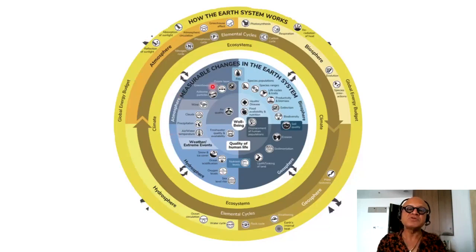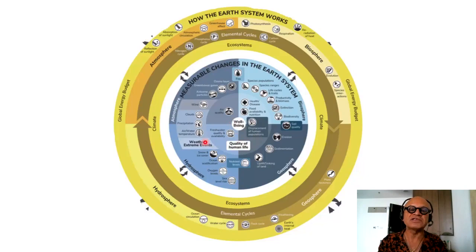So measurable changes in the Earth system are things we have looked at already. Human well-being is often being considered as one of the things we must measure to chart our future pathways of not only reaching net zero or decarbonization, but also making sure that mitigation and adaptation, for example, are not hurting poor people more, or they are synergistic with reducing poverty and sustainable development goals and such that we talked about.